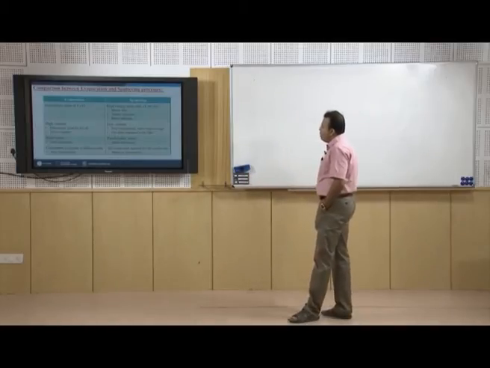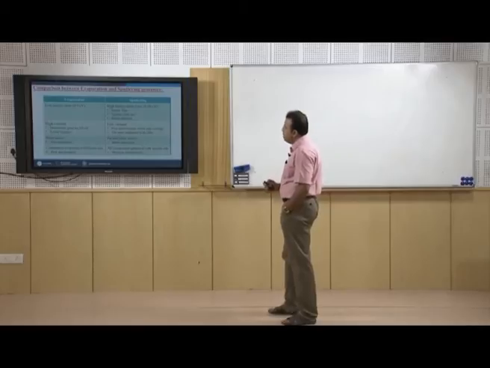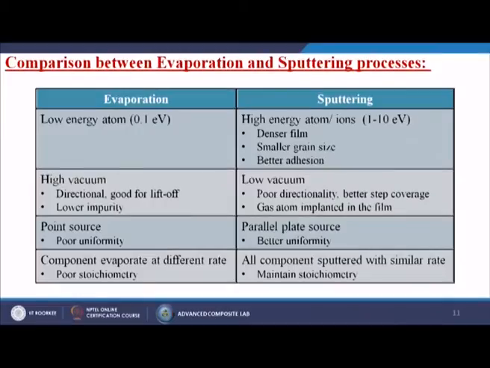So, now we are going to make a comparison between the evaporation and the sputtering processes. In evaporation, we generally use low energy atoms, around 0.1 electron volt. In sputtering, we generally use high energy atoms, or sometimes ions, generally in the range of 1 to 10 electron volt.